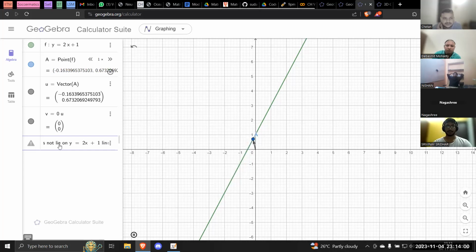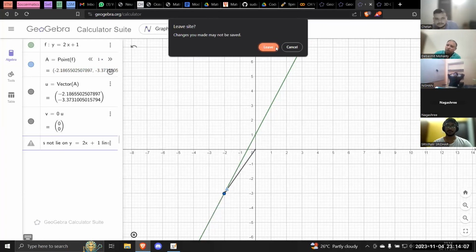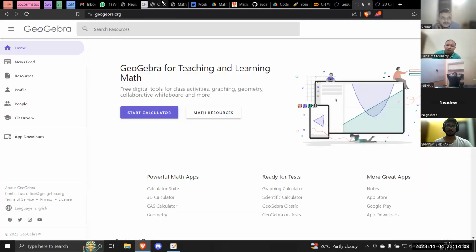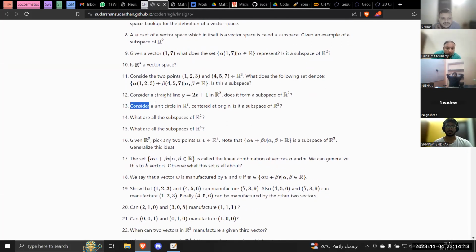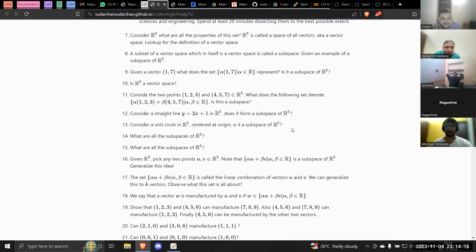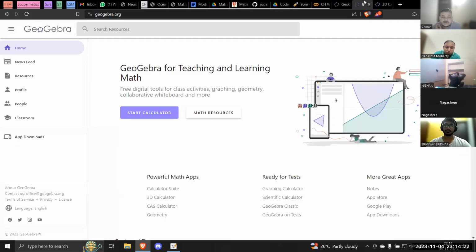Okay, perfect. Can we move on to the next question, Vinay? Perfect. So consider a unit circle in R2 centered at origin. Is it a subspace of R2? Very interesting question. Can you show the GeoGebra, Vinay?